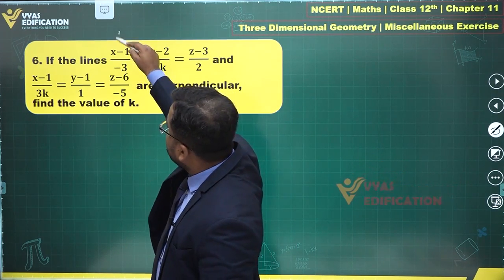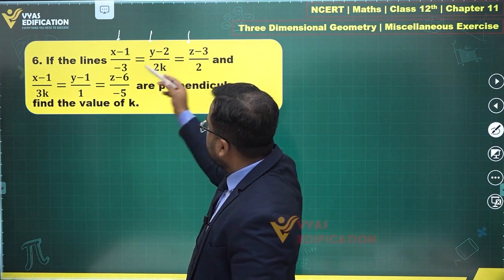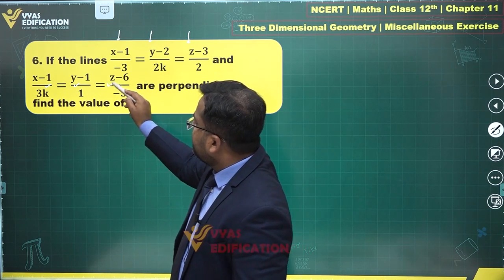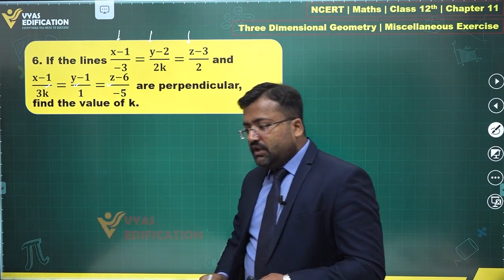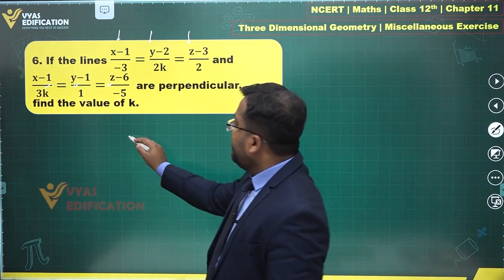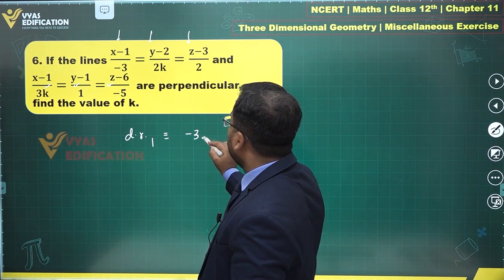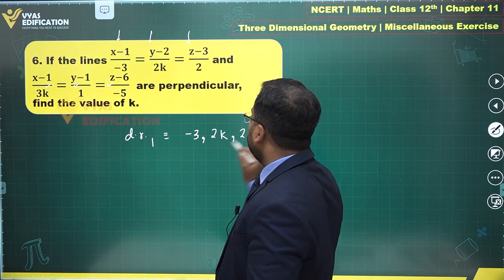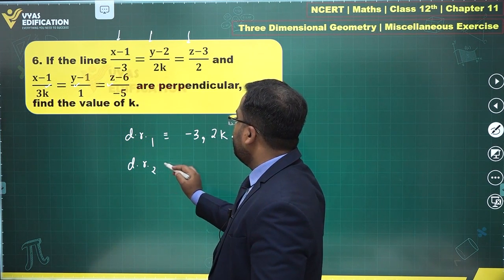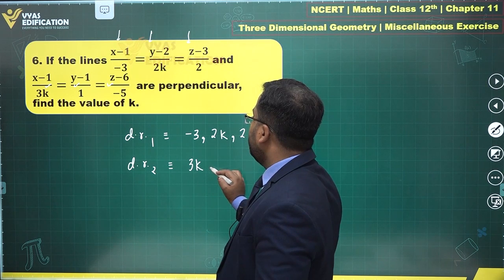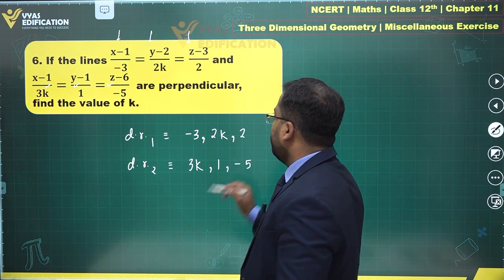Standard form implies that the coefficients of x, y and z should be 1, which is there. Here also the coefficients of x, y and z are 1, right? So we can directly note the direction ratios of the first line will be -3, 2k, 2. The direction ratios of the second will be 3k, 1, -5.